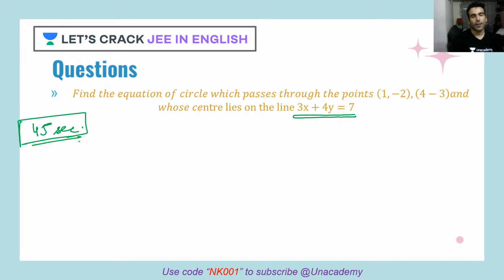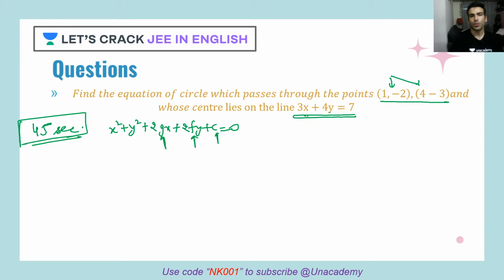So see, the very first thing is, as you can see, there are 3 pieces of information given: it passes through 2 different points and the center lies on this line. If you want to solve this question using the general form, you need to know 3 things: your g, your f and c.